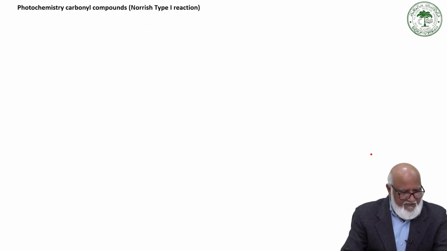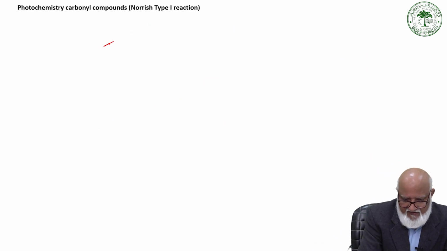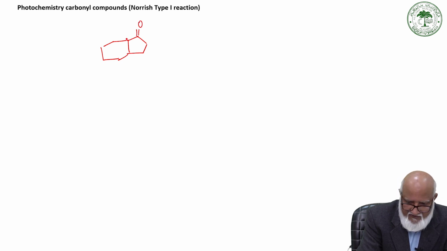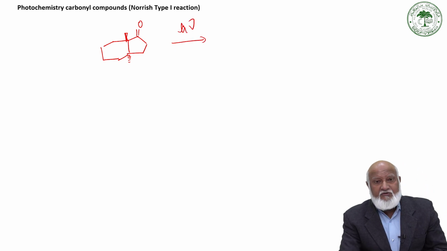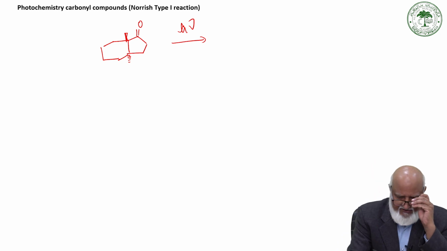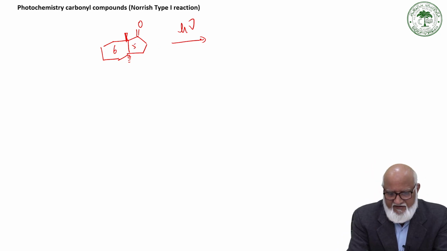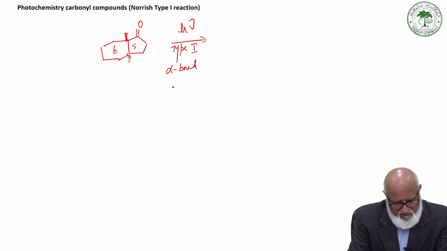Coming to more examples, if we have a bicyclic system like this, which has two methyl groups, in the presence of light it is also an alicyclic ketone. Of course, the bicyclic system is 6 and 5, and this will undergo a type 1 reaction, alpha bond cleavage.